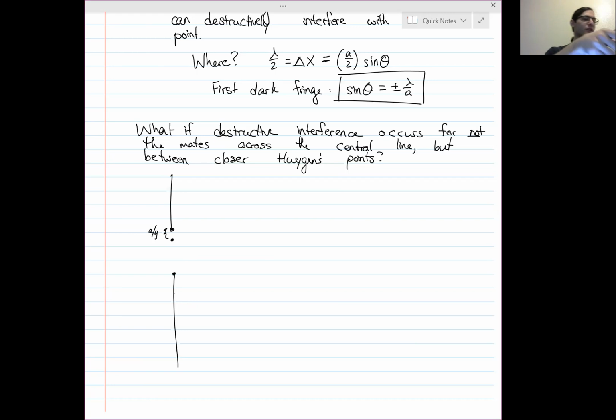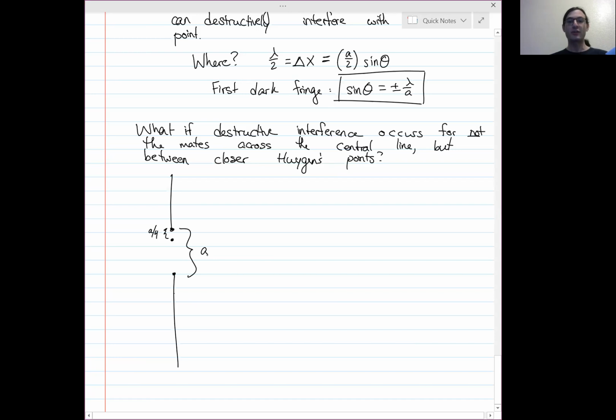So I have to infer. So basically the width here is A, right? So let's say that we just look at pairs that are A over 4 apart. And the reason, by the way, why we're going with even numbers is because if we went with odd numbers like A over 3, you'd end up not being able to pair them. They wouldn't pair up well.